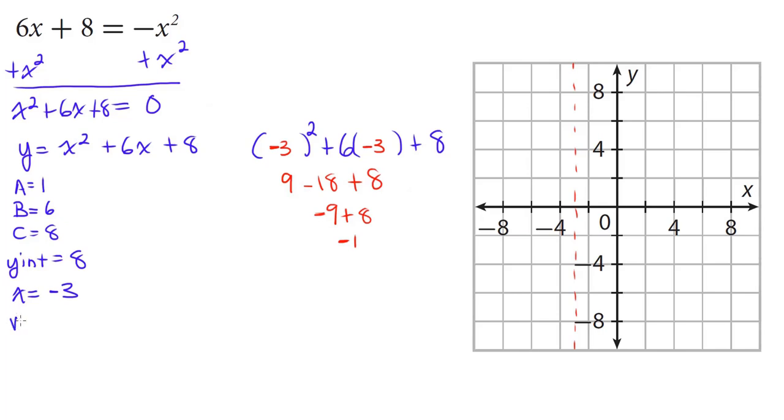So the vertex is at the point -3, comma, -1. And we can go ahead and plot that right here, -3, comma, -1. That is going to be right here. We also know that our y-intercept is 8, so I could place that here.